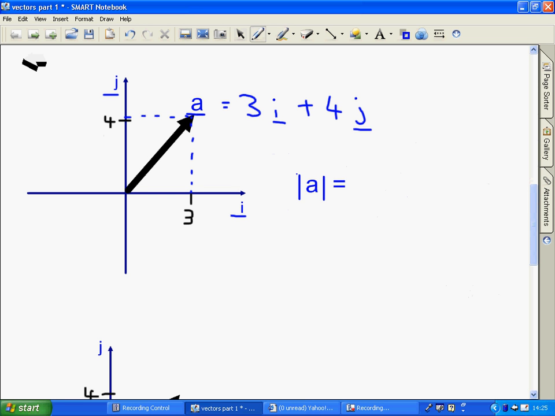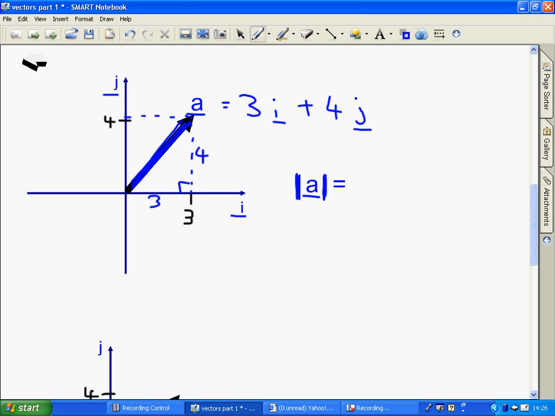This symbol here, where you have a vertical straight line either side of the vector, means magnitude or size of the vector. And all we do there is think of this as Pythagoras. We're trying to work out the length of the hypotenuse. So in this case, this is 3, this is 4.